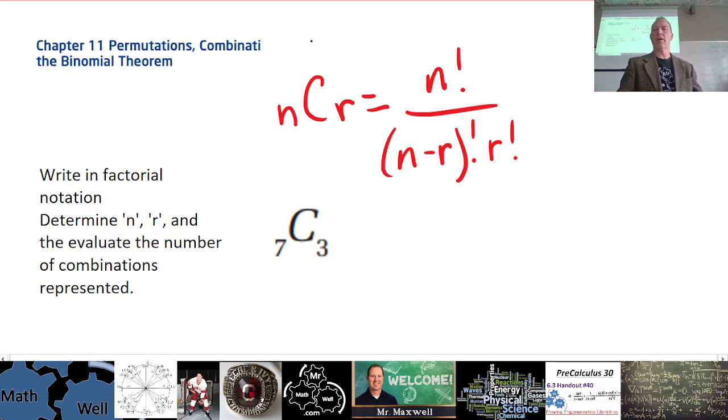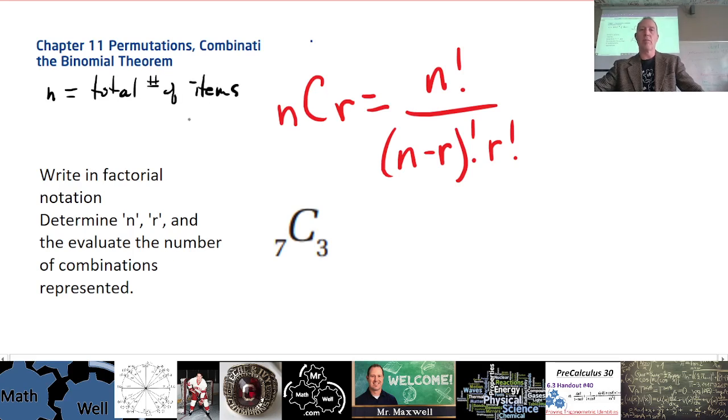Remember, NCR is finding the number of combinations of, in this case, 3 things given 7. So n is the total number of items, for objects or people or whatever in the question. R is a subgroup of the total.